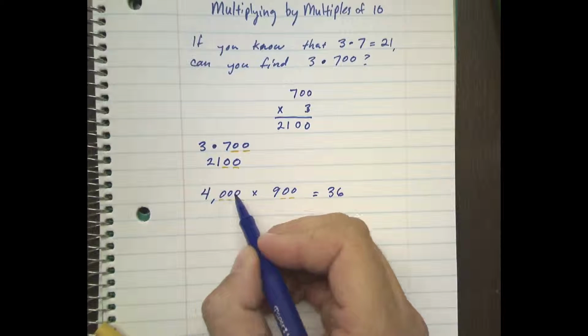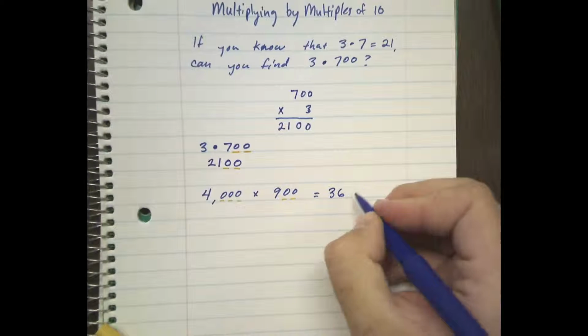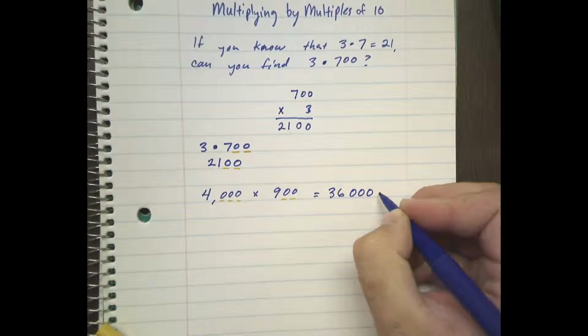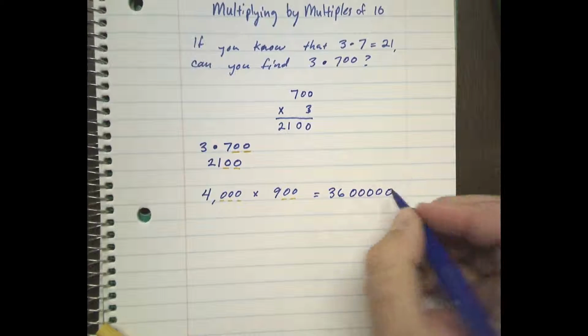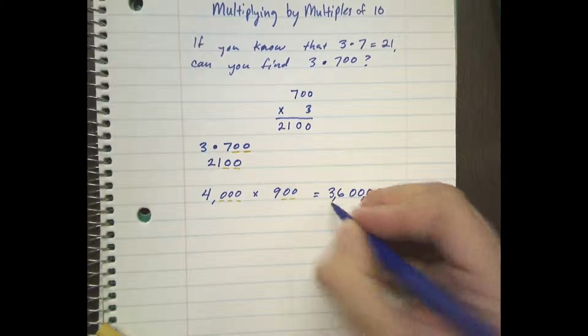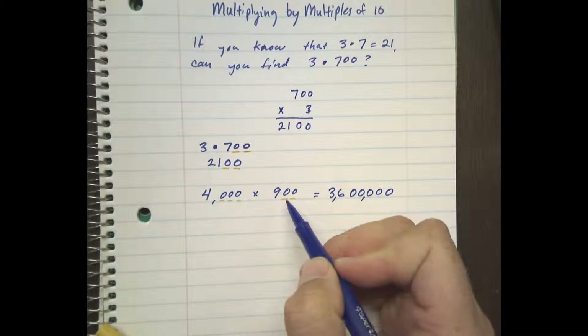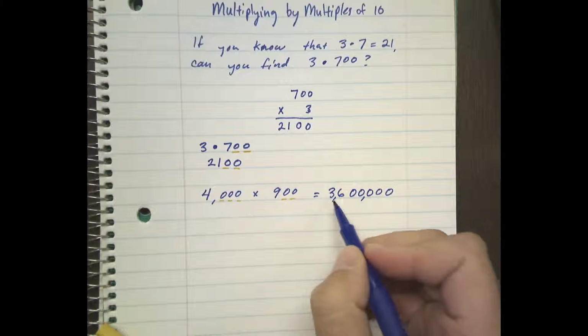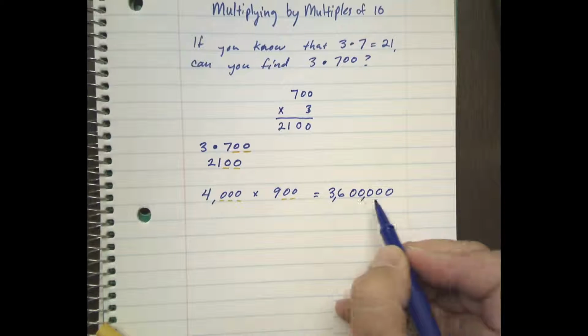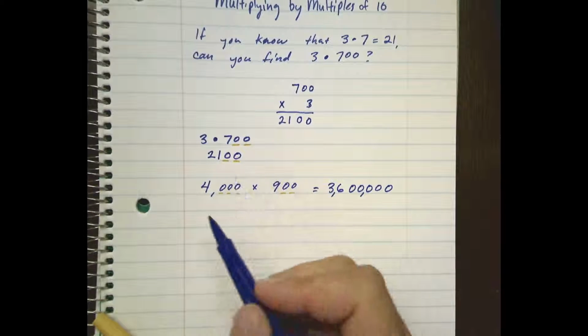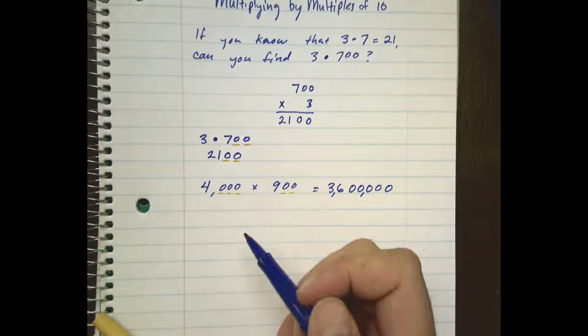So I'm going to put my 5 zeros: 1, 2, 3, 4, 5. And then I'm going to put my little place value commas here. So 4,000 times 900 is 3,600,000.